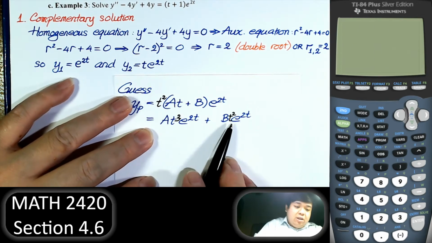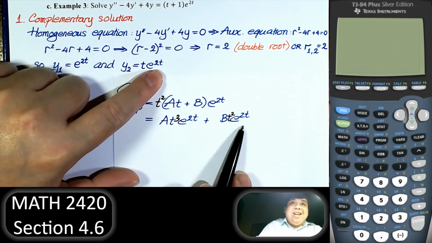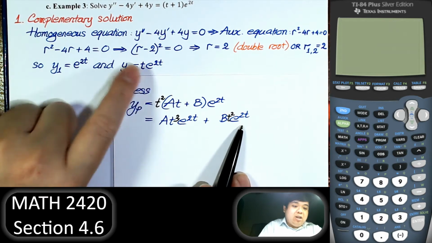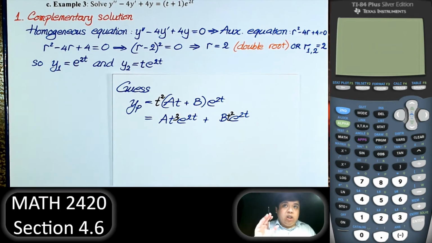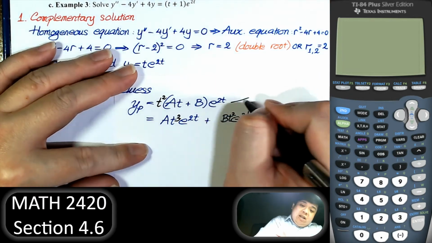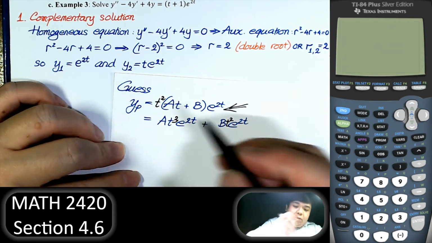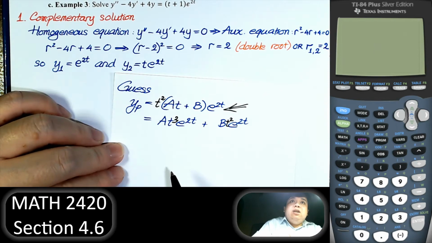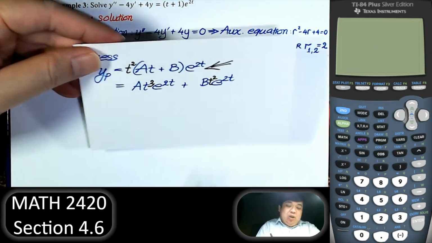Now when we look at this, e to the 2t and t e to the 2t, all of them are linearly independent, which is good. So if we have to guess, this is what our guess solution will be. Or that, of course. But we're not going to use the guessing method here.